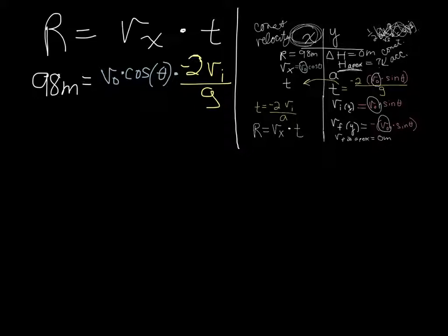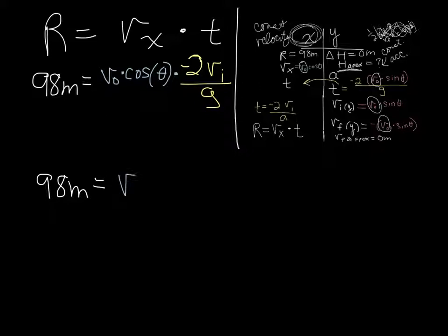Okay, and so then if I rewrite that part, I'm going to rewrite this now so that I can get rid of that vi there, because we already replaced it.